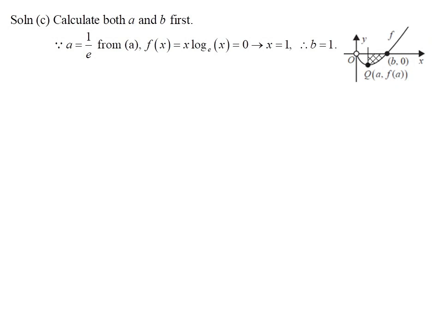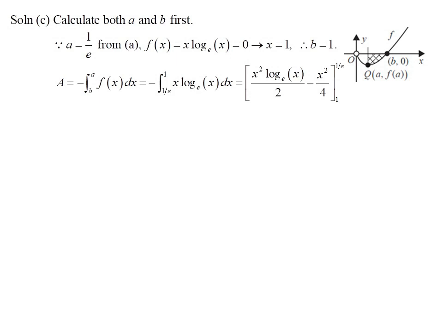So the bounded area, as shown in the diagram, can be written as the negative integral from a to b of f(x) dx, which equals the negative integral from 1/e to 1 of x logarithm base e of x dx, which equals x squared logarithm base e of x all over 2 minus x squared over 4, all valued from 1/e to 1, which equals (e squared minus 3) all over 4e squared after being simplified.